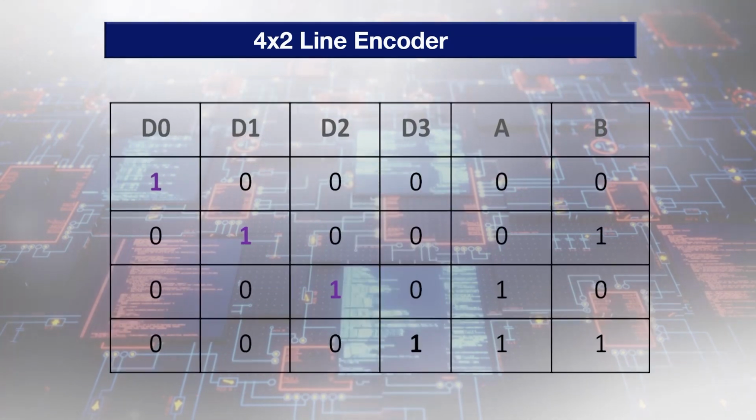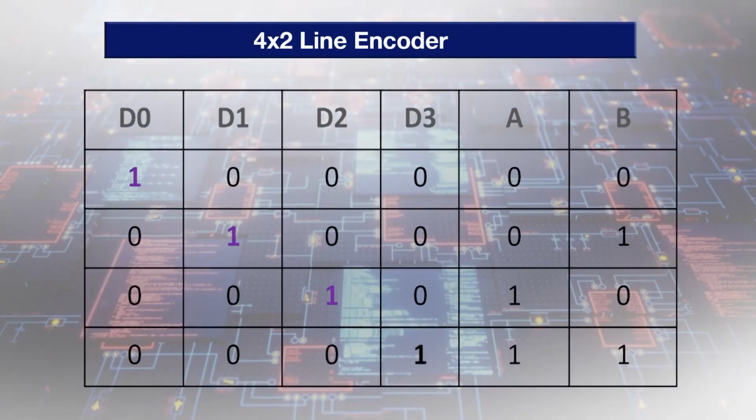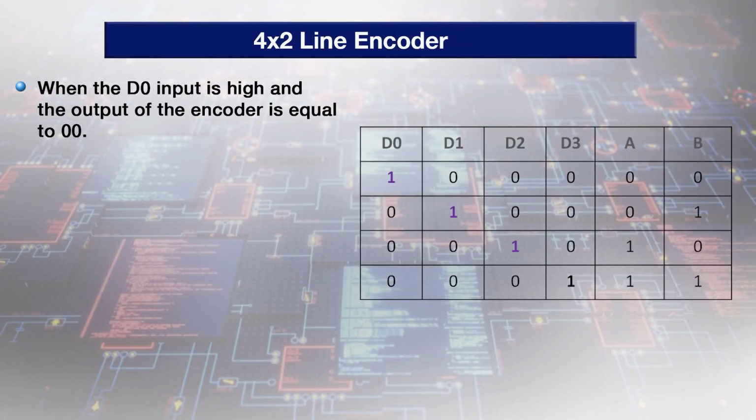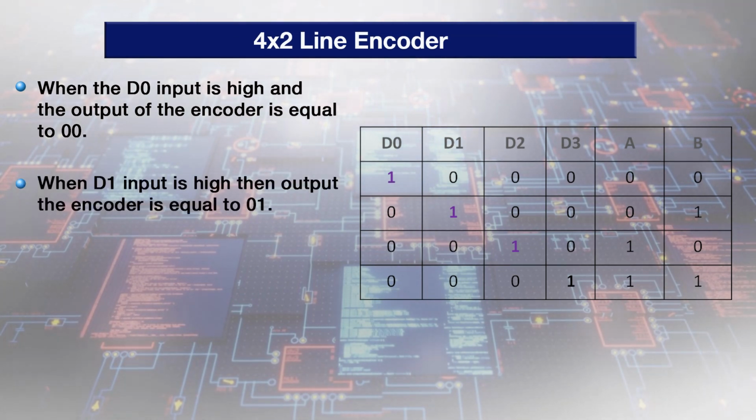And here is the truth table for this 4 to 2 encoder. When the D0 input is high, the output of the encoder is equal to 0 0. Likewise, when D1 input is high, the output is 0 1.